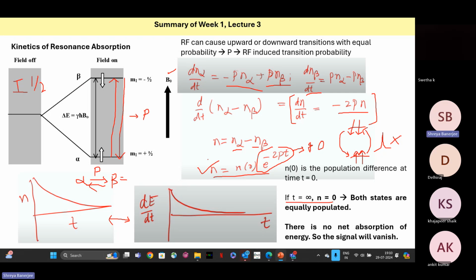Here n is basically n alpha minus n beta. If the population difference between the two states is maximum, energy absorbed will also be maximum. But as time goes, the two states slowly become equally populated, and as they become equally populated, there is no net energy absorption. And so the energy absorption curve is also decaying to 0. And when it goes to 0, we no longer see an NMR signal.